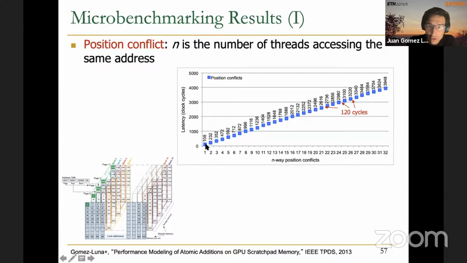And as you can see, the steps in this stairway are more or less of the same size. The distance between each of these two dots is 120 cycles. That's what we call the overhead of a position conflict in this case, because we have 2 threads or 3 threads or up to 32 threads trying to update the same shared memory location.